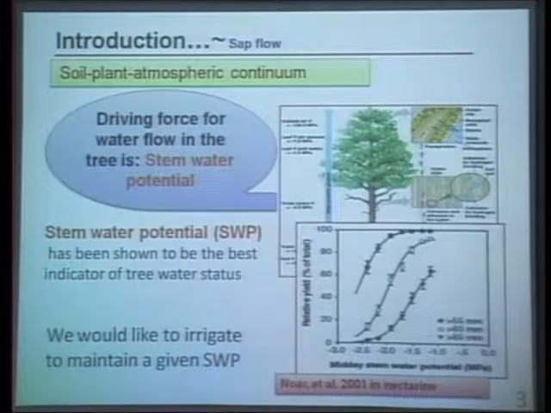We are interested in stem water potential because, although my topic is sap flow, we want to irrigate our orchard to maintain a given stem water potential.